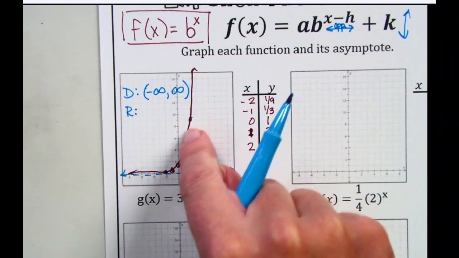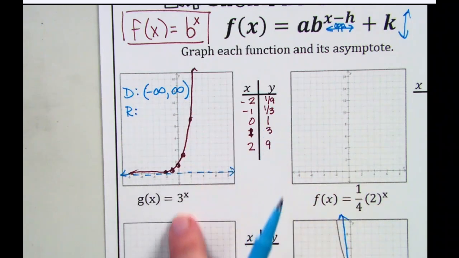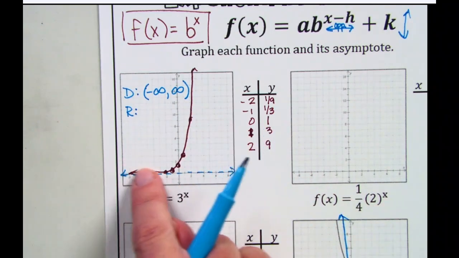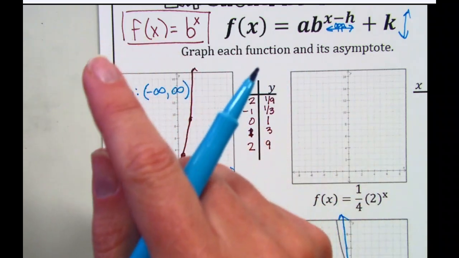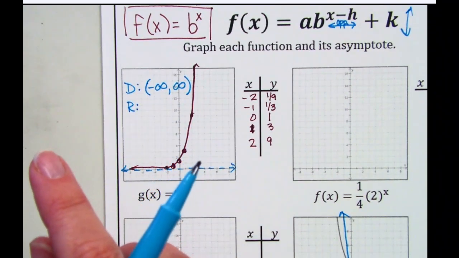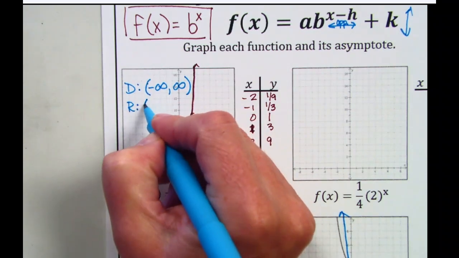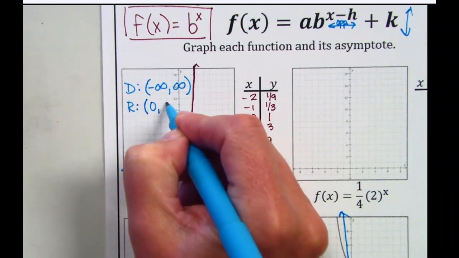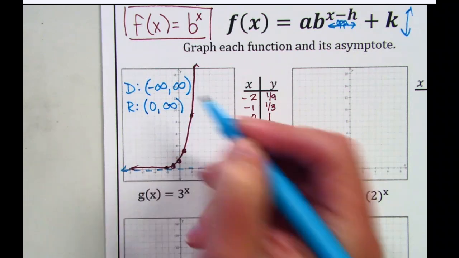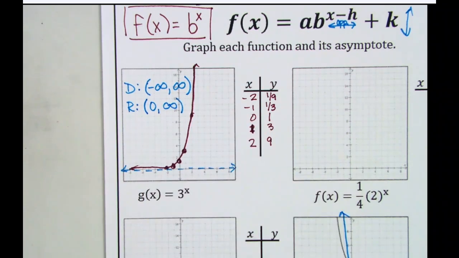So are there any values below 0? No. It's never going to cross, so can it equal 0? If it's never going to cross, it can't equal 0. So we go from 0 to infinity. Okay, I love that you guys are like, we remember how to do this. We don't need those 2 graphs.